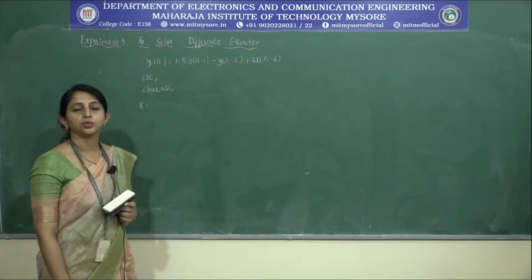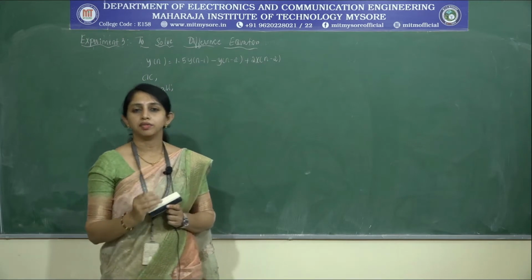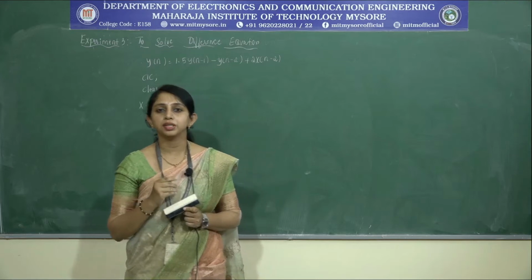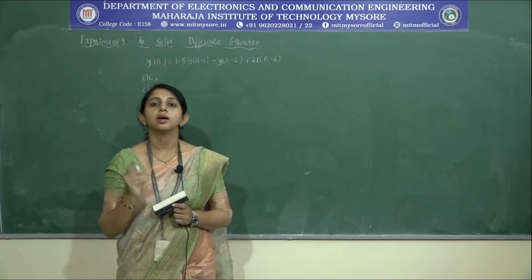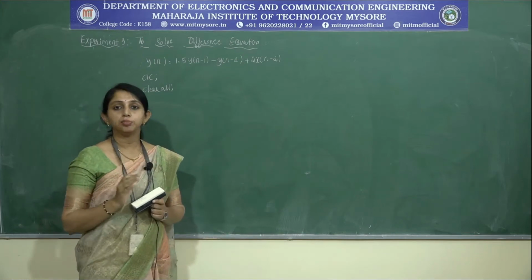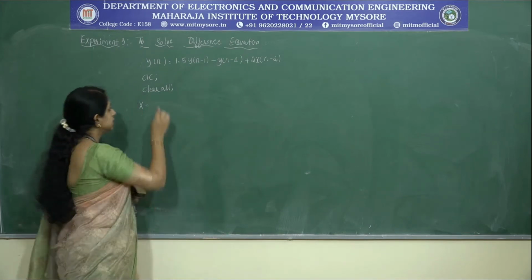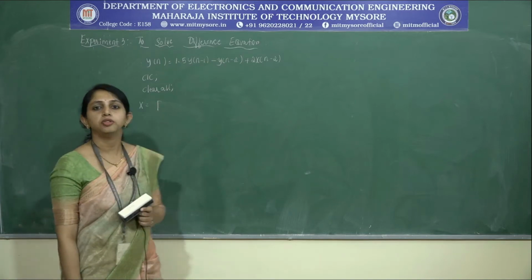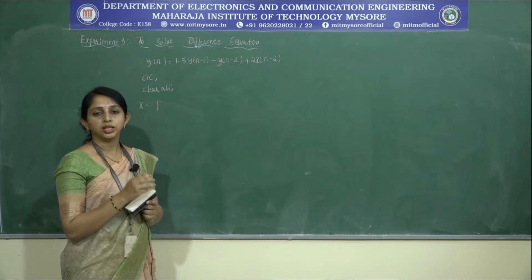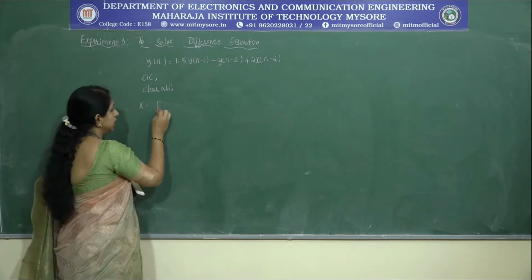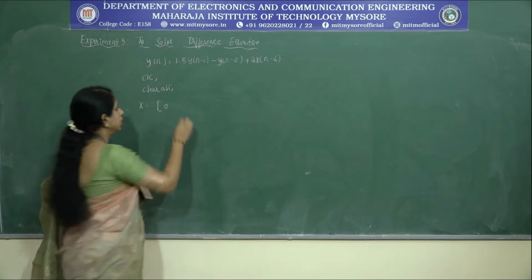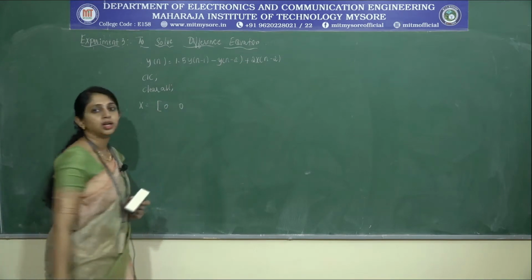For x we have assumed a unit step function u of n whose value will be present from 0 to infinity, magnitude 1. But it doesn't contain any previous values. Hence, with respect to output, we are getting 2 previous values for the given equation. You need to take those values with respect to input as 0, 0, 0.